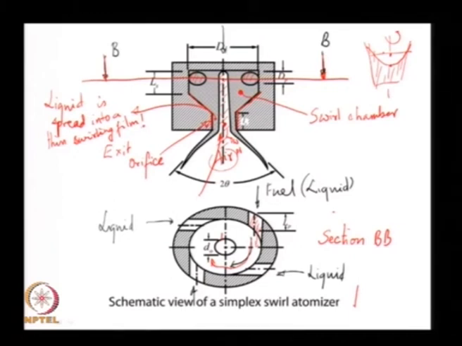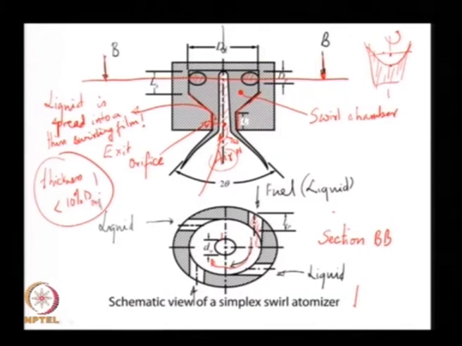This schematic is not actually to scale. The thickness is usually less than 10% of the diameter of the orifice. So, if d orifice is the diameter of the orifice itself, the thickness of the liquid is very small. So, most of the orifice is just air basically.